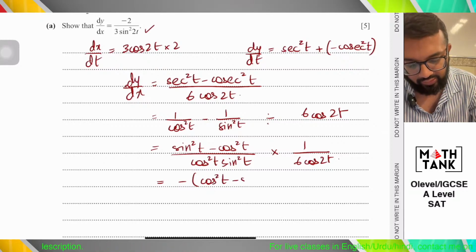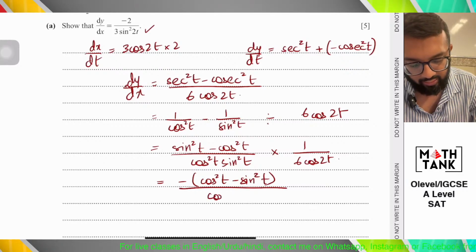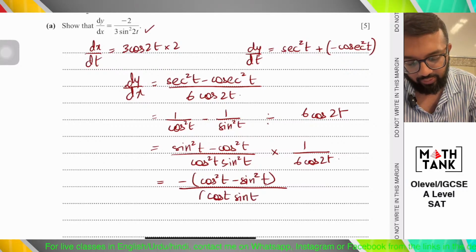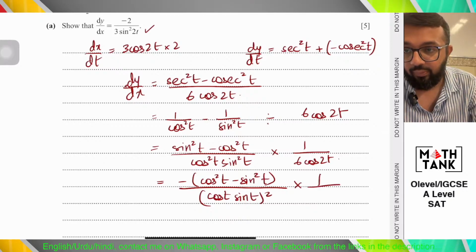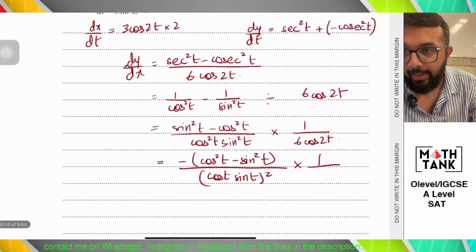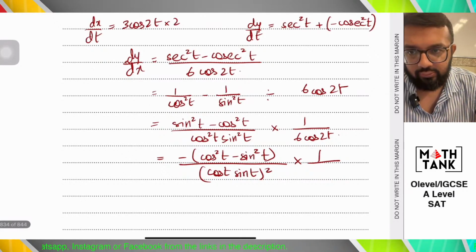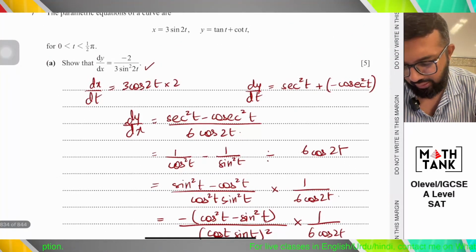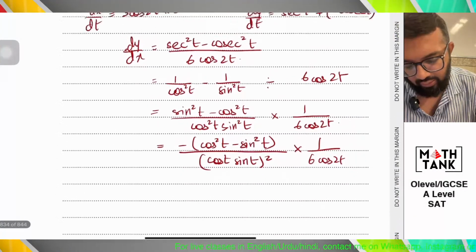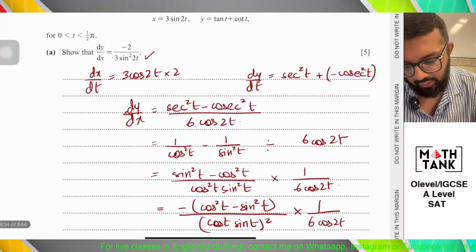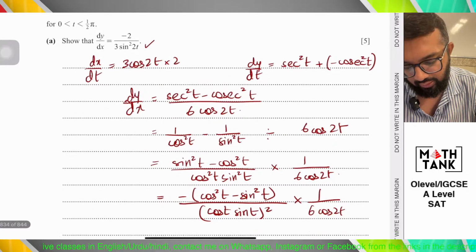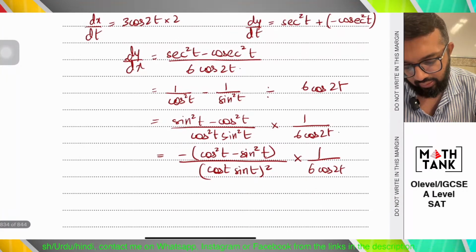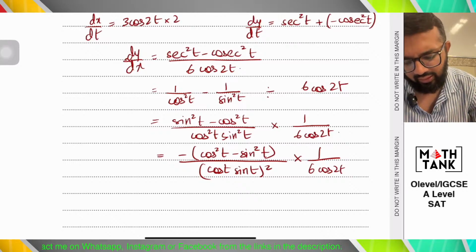If I change this, and I write this as cos t sine t whole square. Need to take the denominator in the first. I think I'm getting my answer.